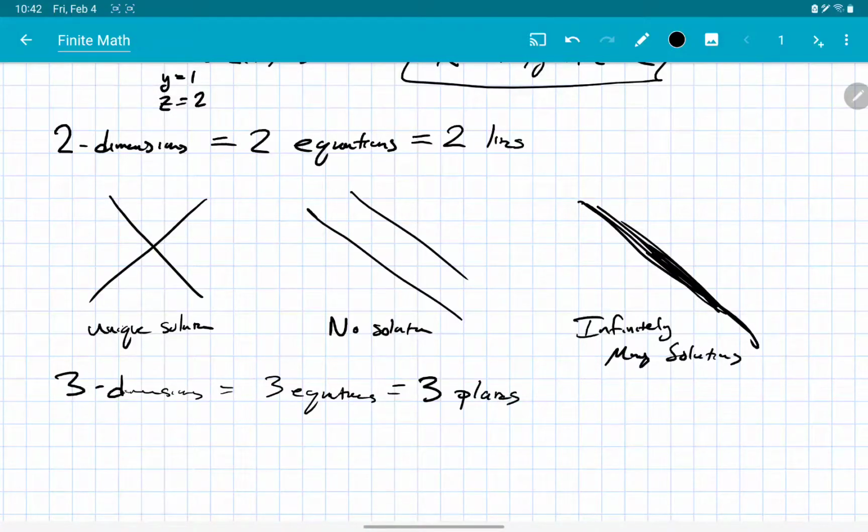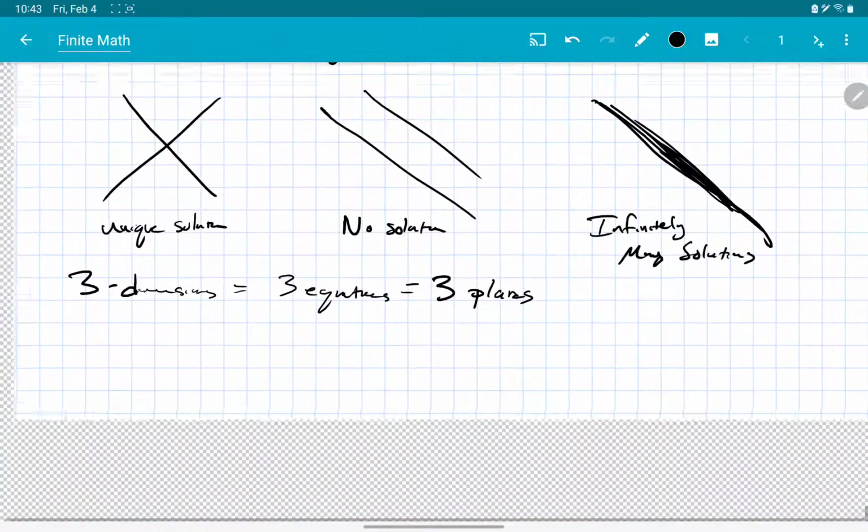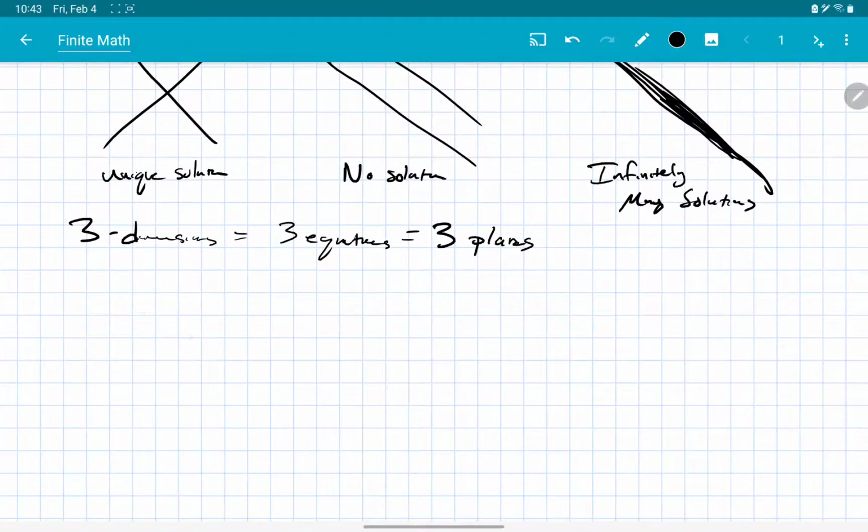A linear equation in 3 variables, like 3x plus y plus 2z equals 7, is actually the equation of a plane in 3-dimensional space, an infinite flat plane. And there's different ways for planes to intersect. Okay? They can intersect like this.